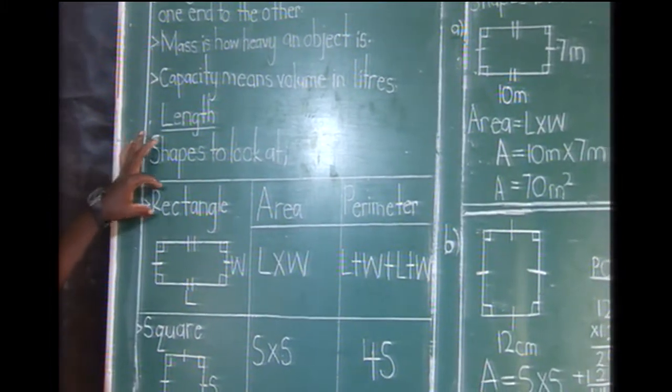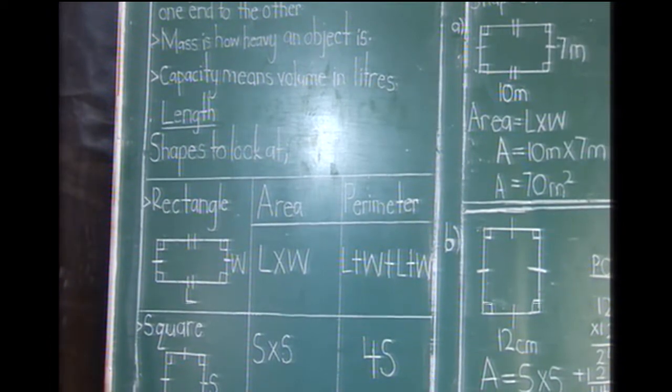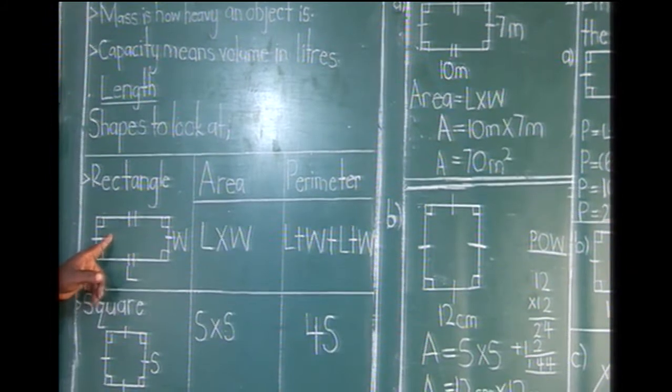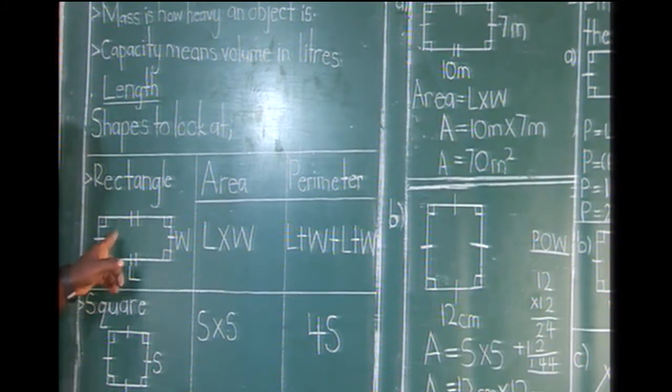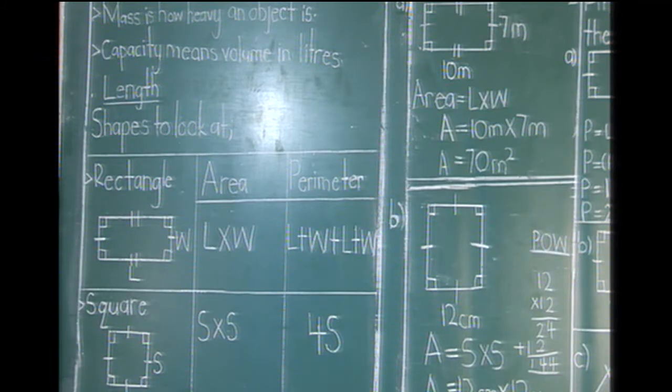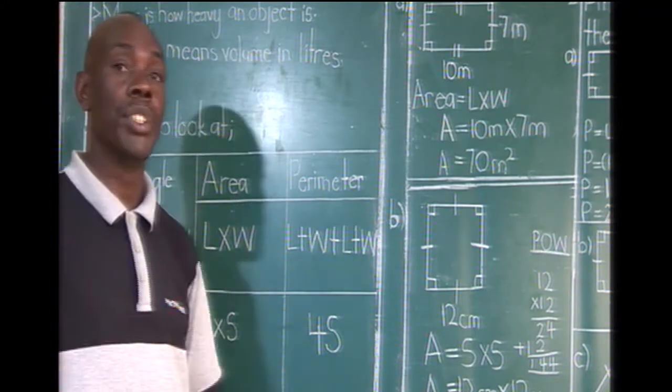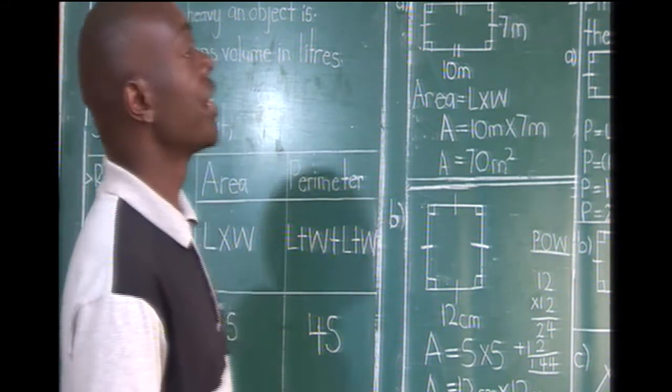When we look at the rectangle, it is of the shape you are actually seeing now. This is the shape which you name as a rectangle. Objects within your class that are rectangular are this board itself, this chalkboard is rectangular.